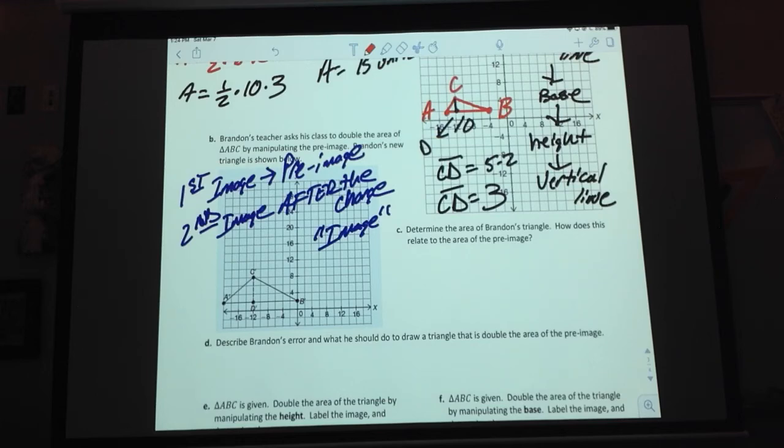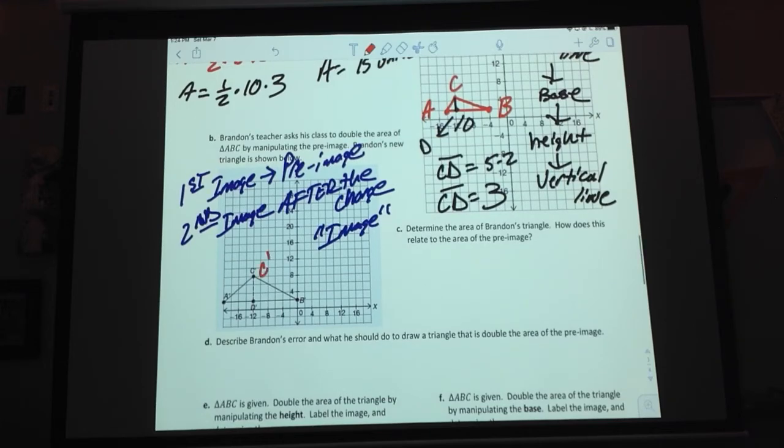Because now C, and this is C prime, is at negative 12, 8, which is increased by 3. So my height is now 6. It used to be 3, which I kept saying it was 5. It used to be 3, and now it's 6. 8 down to 2 is 6.